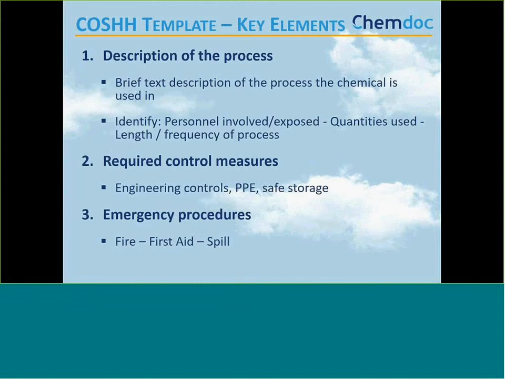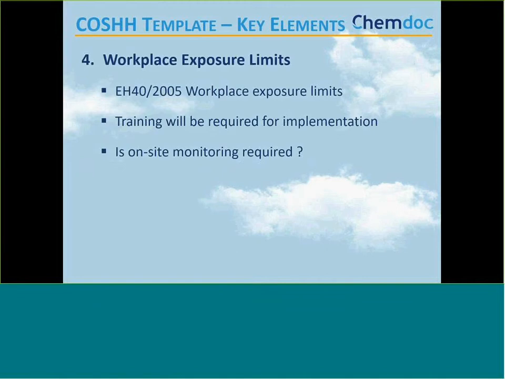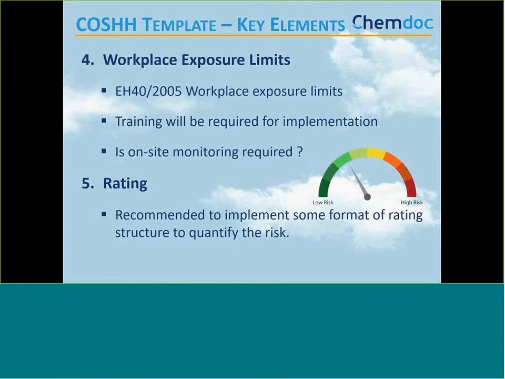Now, I have 2 slides here that outline the key elements of a COSHH template, and it's getting a bit more technical. To be honest, I'm not going to go through it in detail because I'm tight for time, but you'll be able to go through this when I send this presentation on to you. The only bit I'm going to look at very quickly is the rating, which is the very last one.